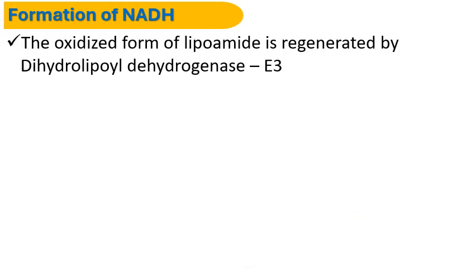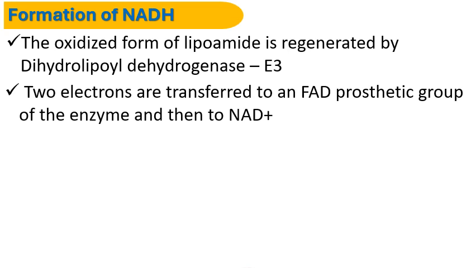The next thing is the formation of NADH. Now, the oxidized form of lipoamide is generated by dihydrolipoyl dehydrogenase, which is our E3. Now, 2 electrons are transferred to an FAD prosthetic group of the enzyme. In other words, the enzyme dihydrolipoyl dehydrogenase contains a prosthetic group which acts as a coenzyme and then transfers it again to NAD+.